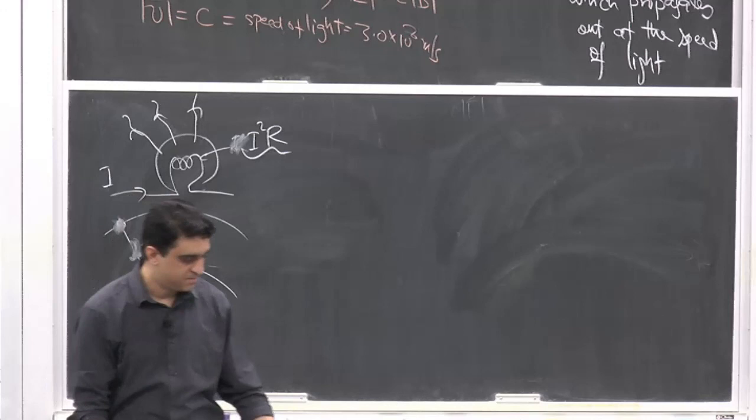And the oscillation and the frequency of this field which comes out is given by the frequency of the source which you have here as your AC source. So that's one way of creating an electromagnetic wave. That configuration is called a dipolar antenna.